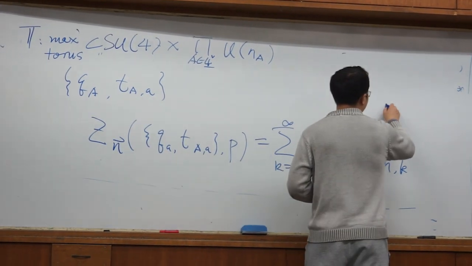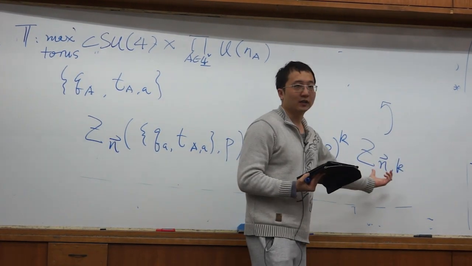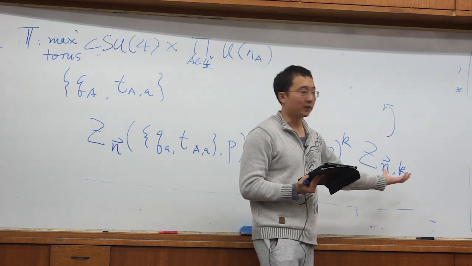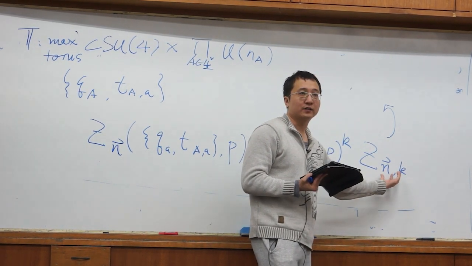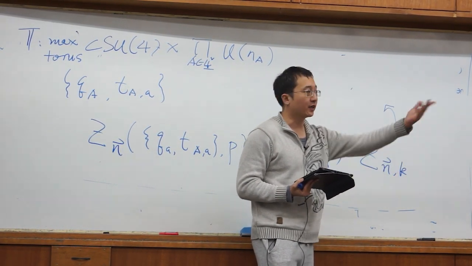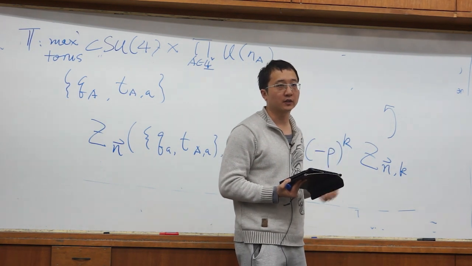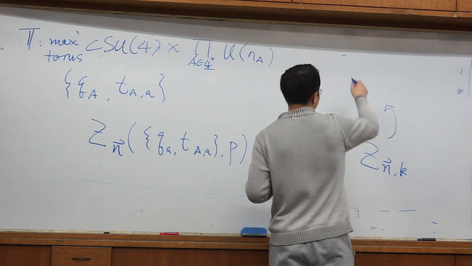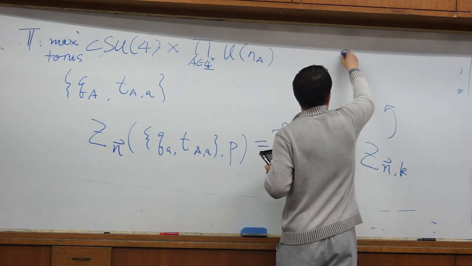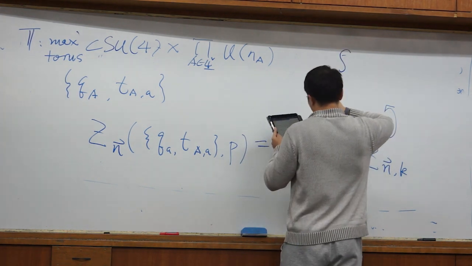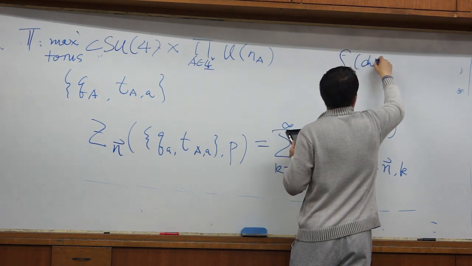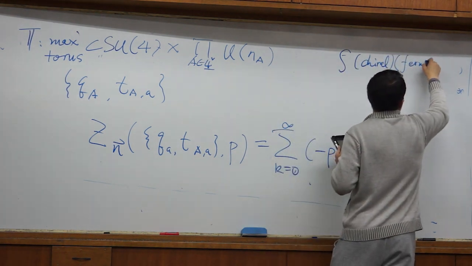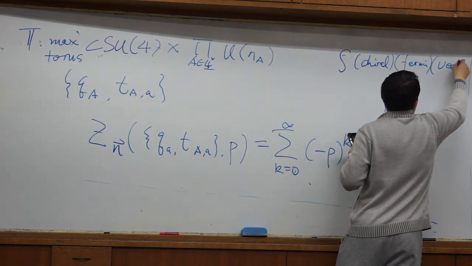The exact formula for this partition function is too complicated to write down, but just remember that once I give this n vector and k, I can draw this quiver theory for the supersymmetric quantum mechanics. Then roughly this Z can be written as some integral over contributions of chirals, Fermis and vector multiplets.